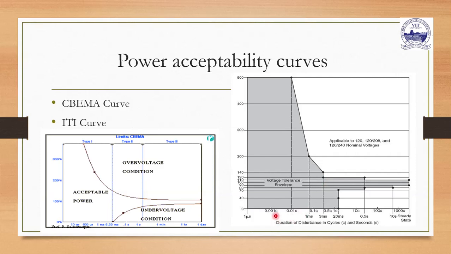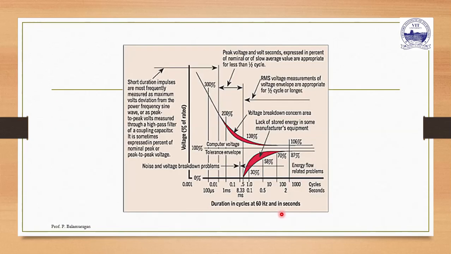So 0.001 cycle means 1 by 1000 of the cycle time period. This diagram shows the number of cycles, and the voltage variation as a percentage as a function of the number of cycles of your supply voltage and its corresponding impacts.